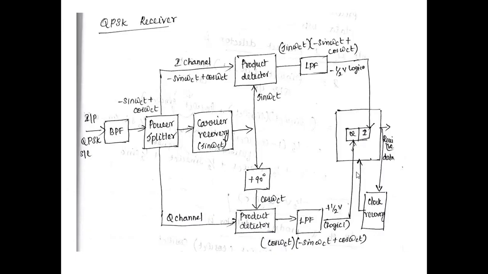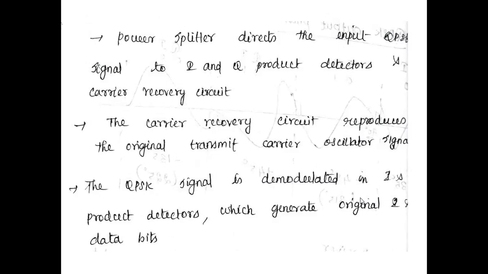Here we use two things, carrier recovery or carrier synchronization, and clock recovery or clock synchronization, which we will discuss later in the topic of synchronization. So this is the explanation.